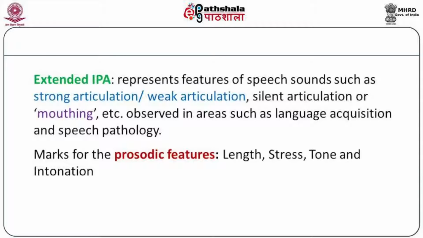So we have the main IPA alphabet with symbols and diacritics, and then we also have extended IPA, where the various features, although they may not be grammatically important, are important in communication, in speech, in explaining phenomena related to language acquisition, and so on. For them, we have an extended IPA.